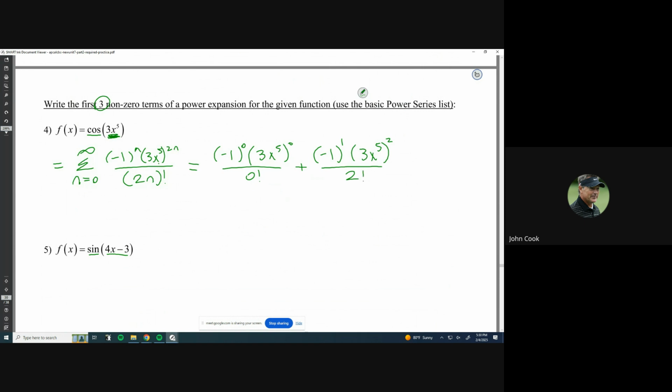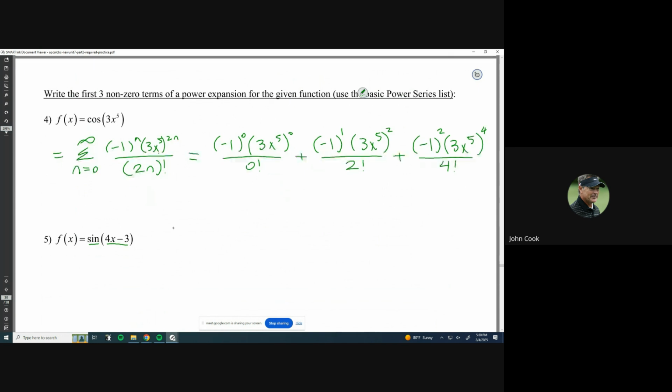And then my last term is negative 1 to the 2nd power, 3x to the 5th, to the 4th power, over 4 factorial. And you can just leave it like that. I think the answer key might have this simplified, but you don't need to do that.